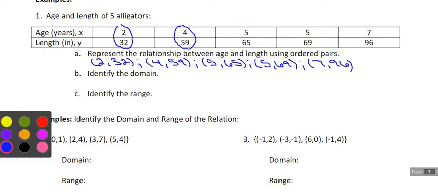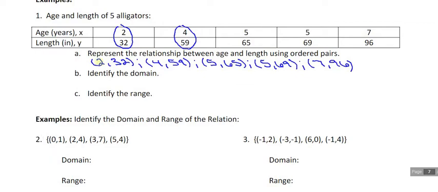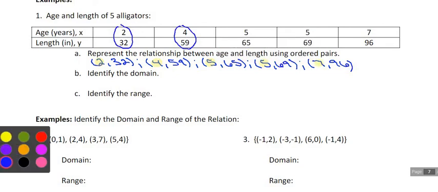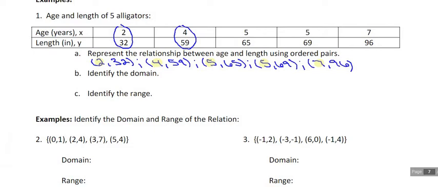So our domain is our x values, 2, 4, 5, and 7. Those are already in order. Remember, we do not duplicate: 2, 4, 5, 7.